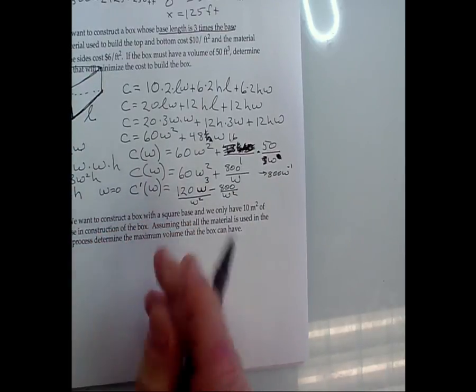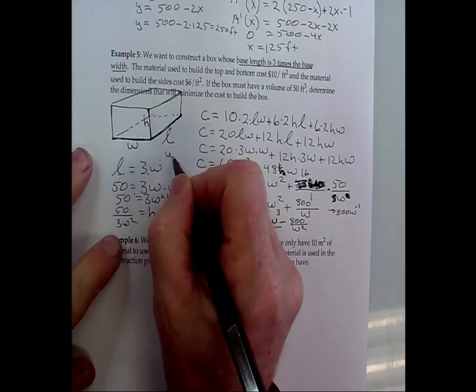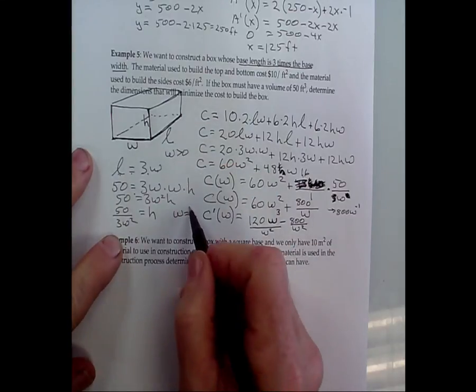Can it equal 0? What do I know about W? Can it be negative? Can it be 0? Because I want to have a box. So W's got to be bigger than 0. So that can't happen.